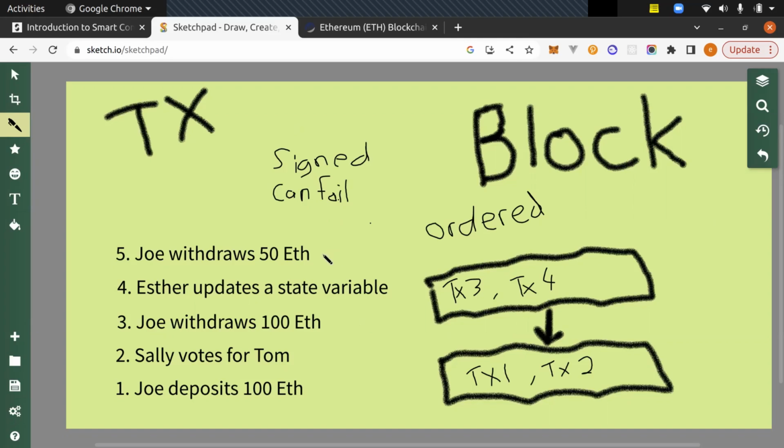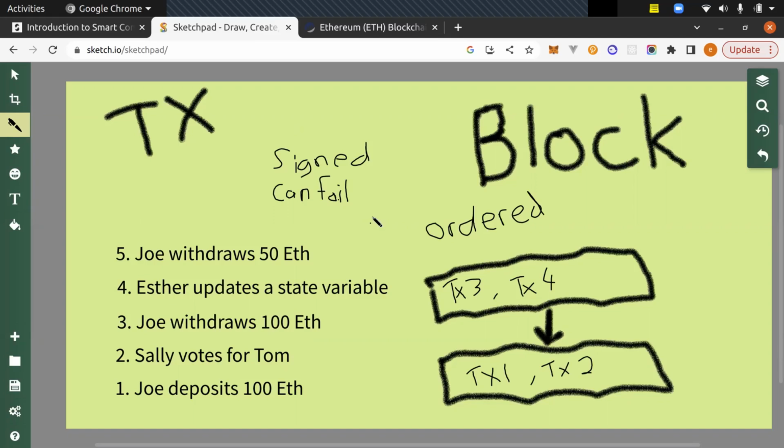How's he supposed to withdraw that other 50 ETH? This is what's called the double spend problem, and this is something that the blockchain has solved for us. We need to write our smart contracts with the understanding and confidence that this is not going to be an issue for us.